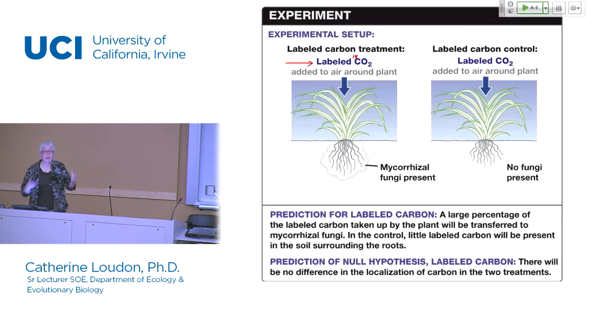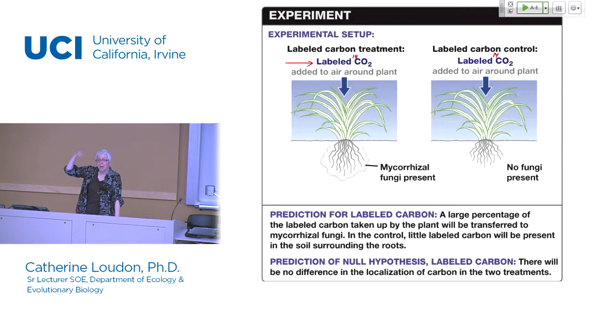So if you take carbon dioxide that has C14 as the carbon, then it is radioactive, and you can detect it with radioactive detectors. If you then have the plant surrounded by radioactive carbon dioxide, then if the plant takes some of this radioactive carbon dioxide out of the air and makes organic molecules with it, then the plant now has radioactive organic compounds in its body.